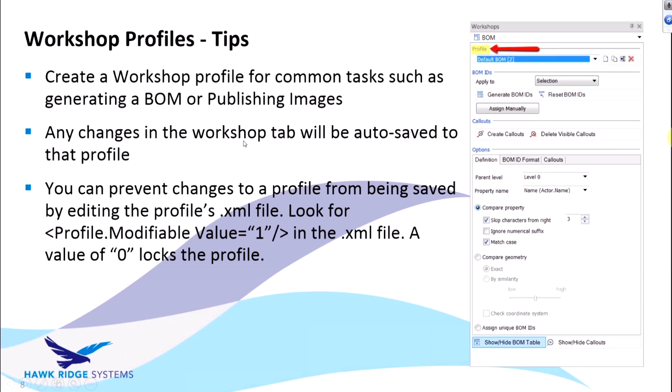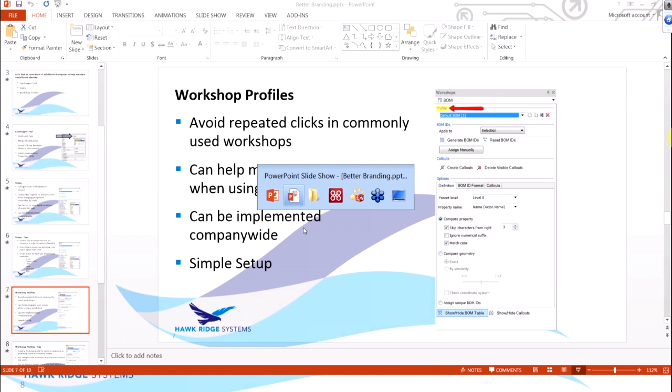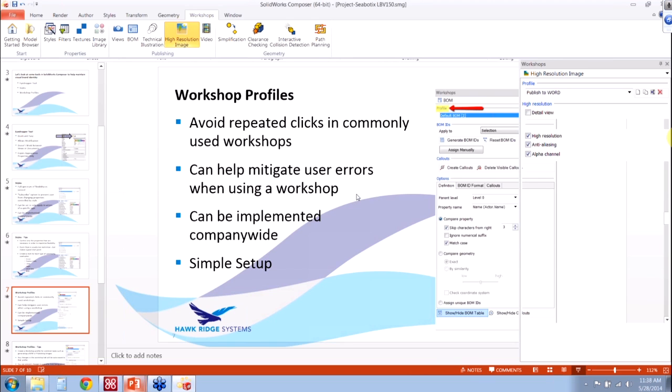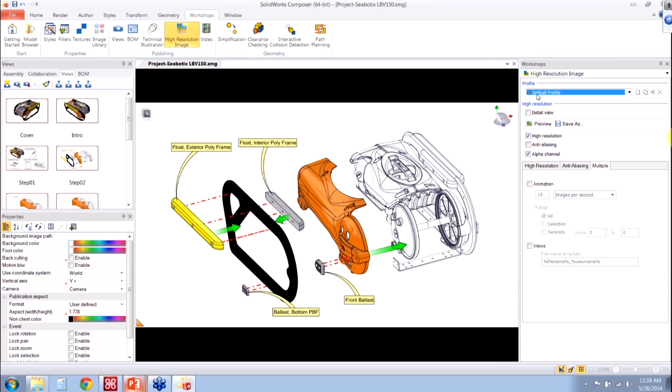So in order to get that to happen, we want to go and find the workshop profile file. And once again, under preferences, data paths, we can see the default location, and that's where mine are, for workshop profiles.